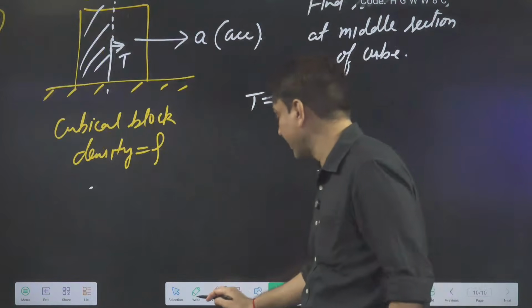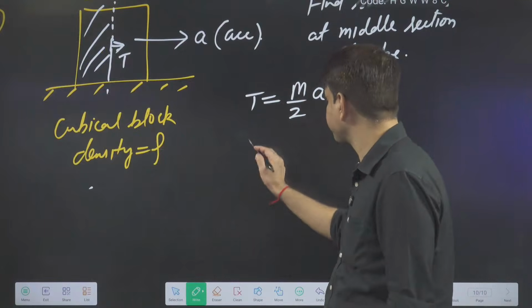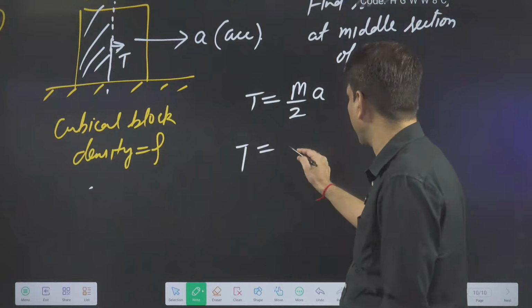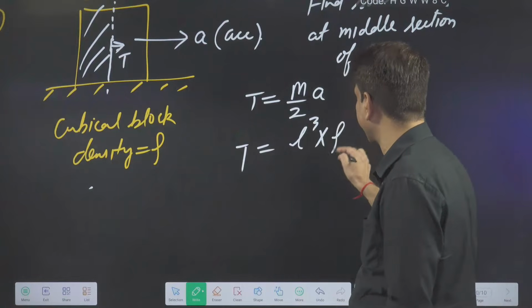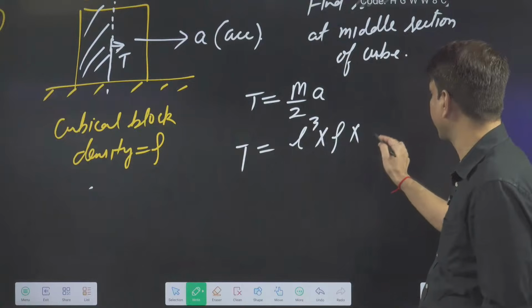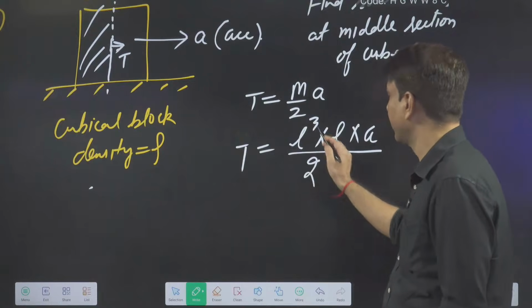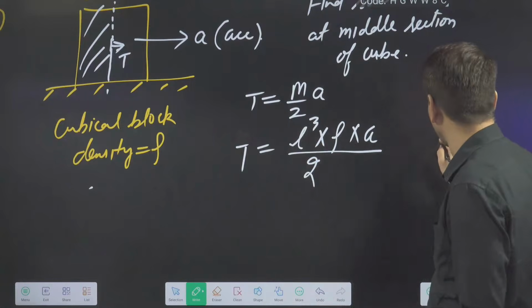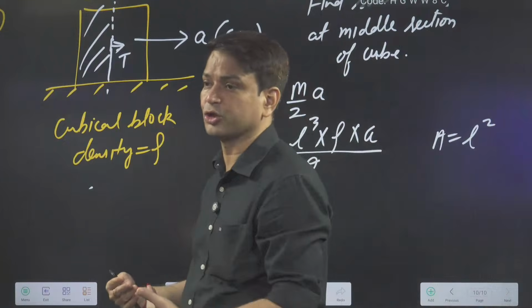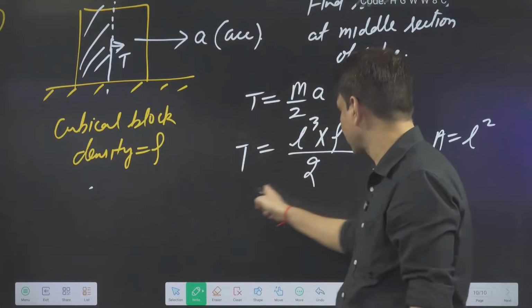Now mass I have not given, then what will we do? Mass I can say is volume into density. Volume of the cube is L cube, density I gave as rho. So T is volume into density into a by 2. Area is equal to L square, the cross sectional area of the cube, so L square you can shift down.